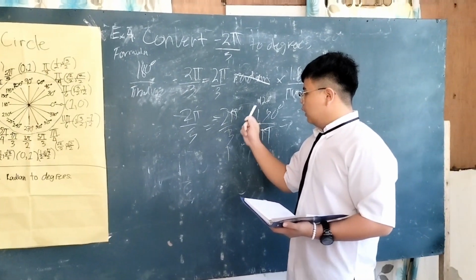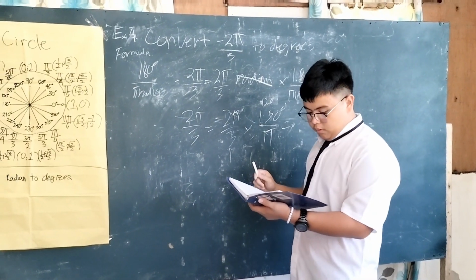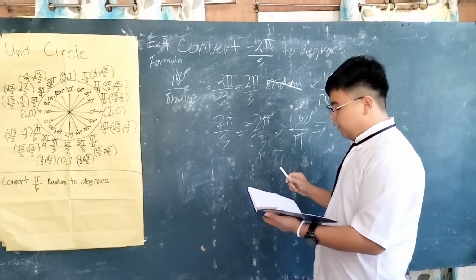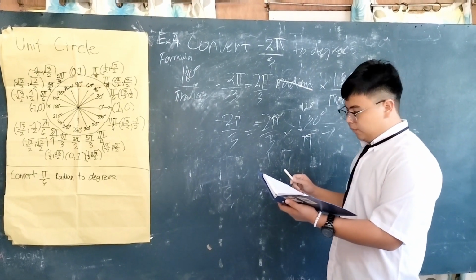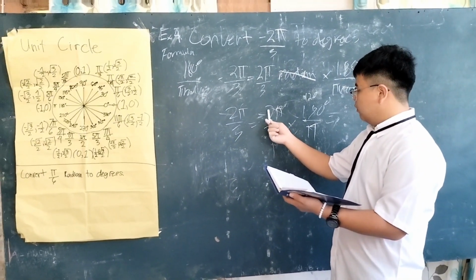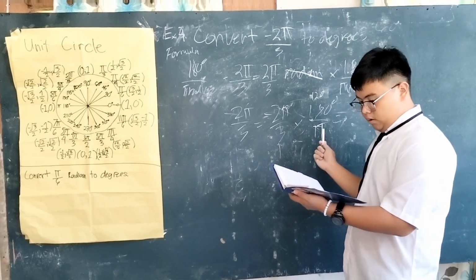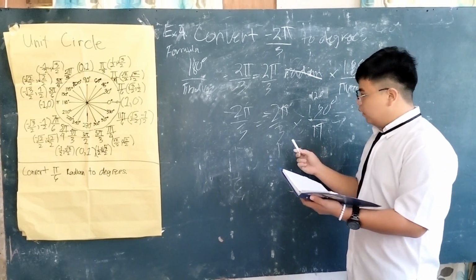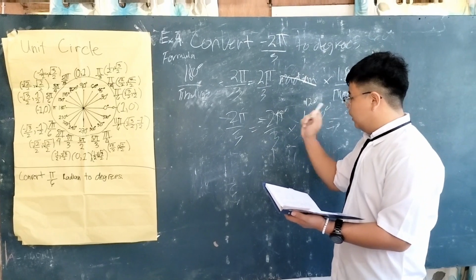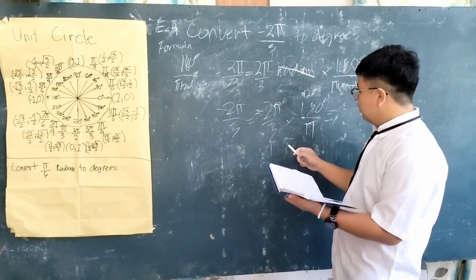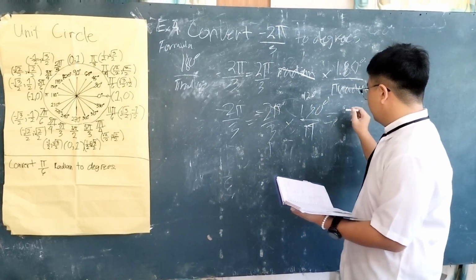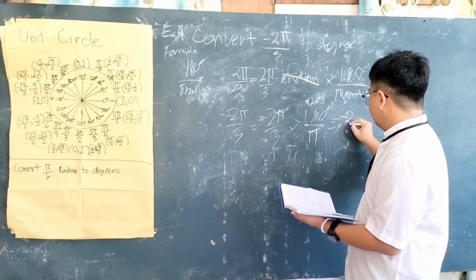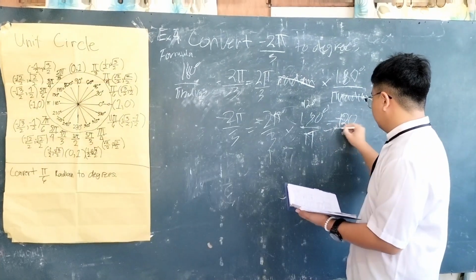We only cancel out the pi, so the remaining is negative. So 2 times 60 equals negative 120 degrees.